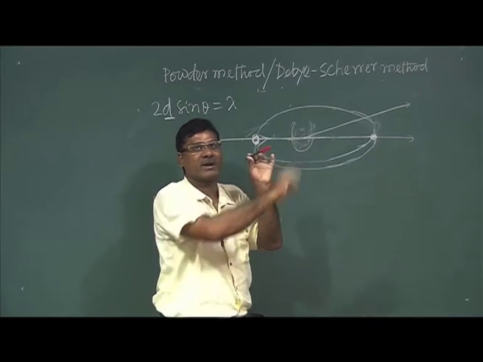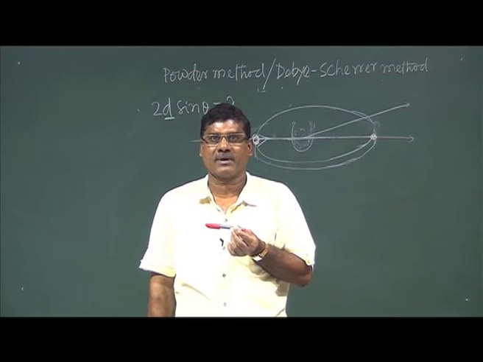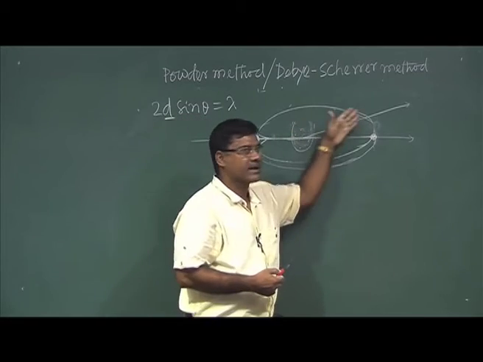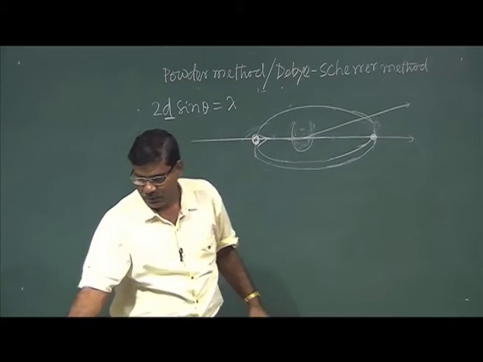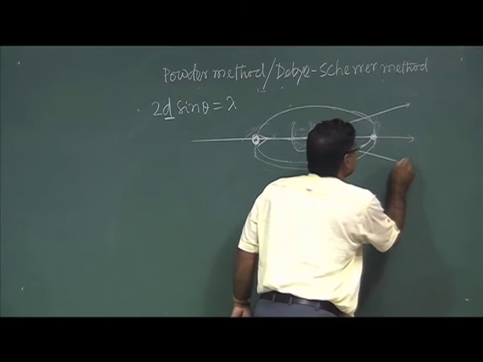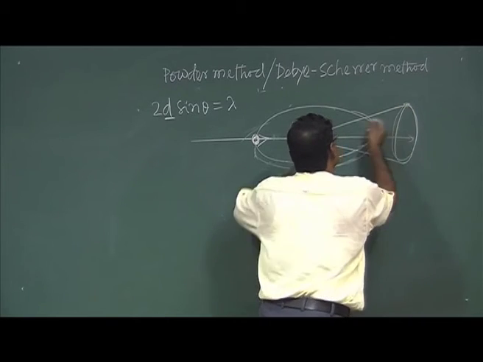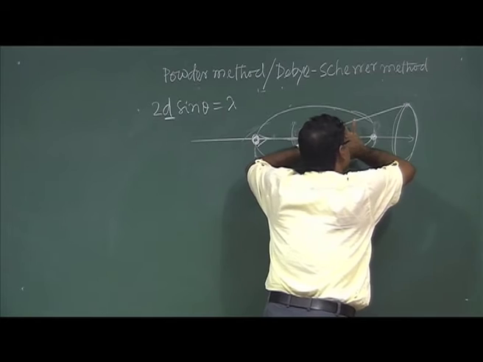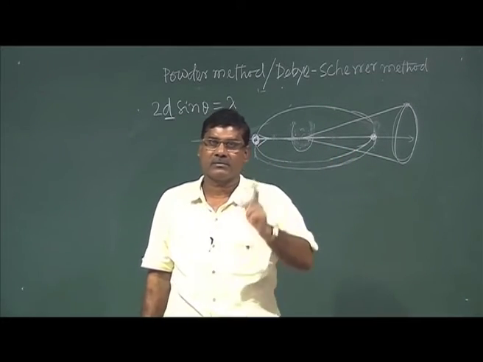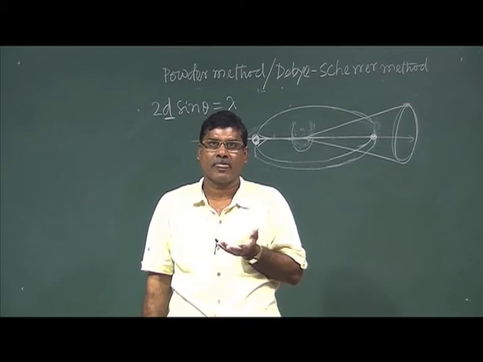All lines on the surface of the cone will be reflected lines which give constructive interference. All reflections on the cone are allowed, and it will give constructive diffraction.